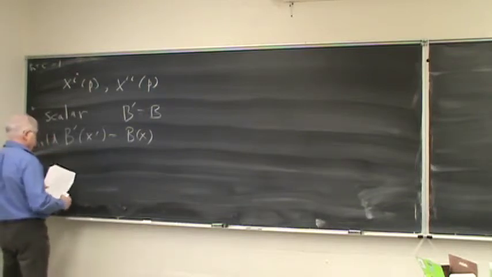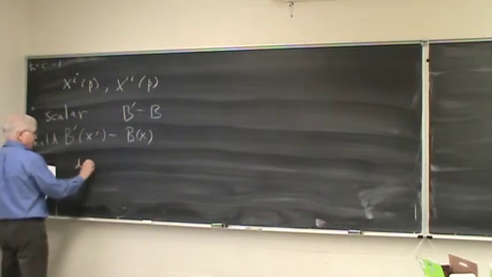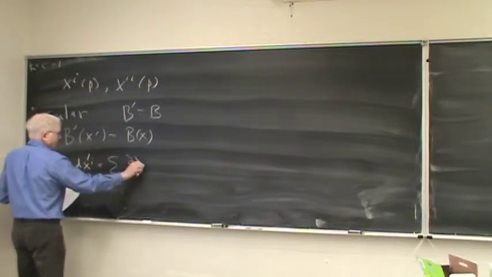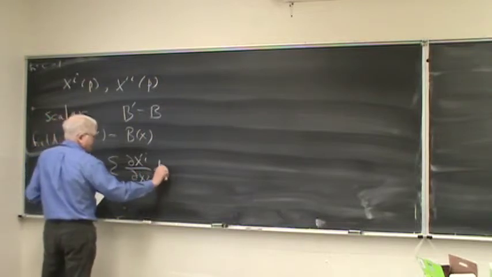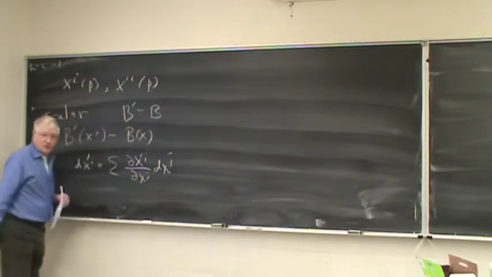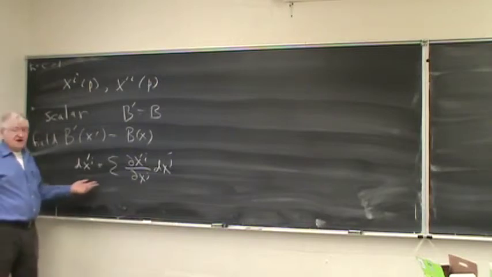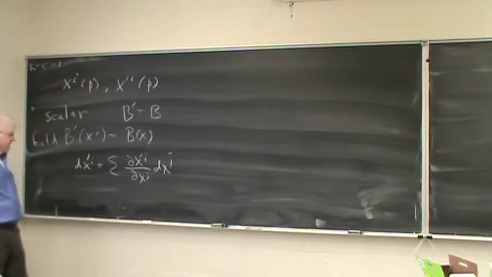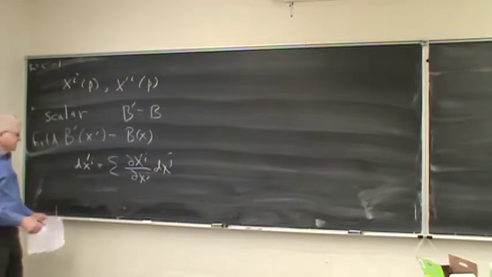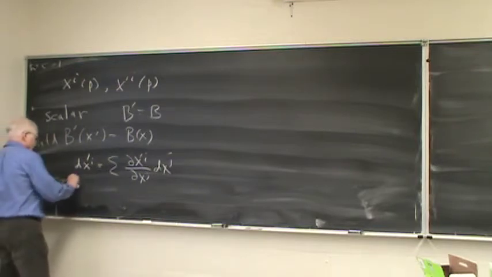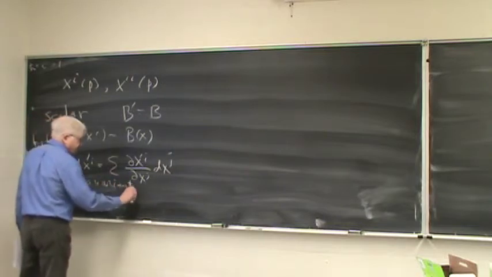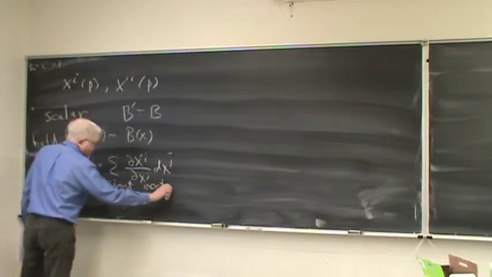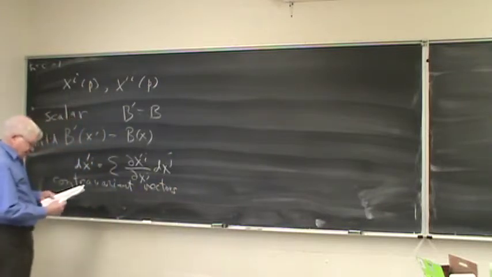Now, if we think about changes in coordinates, dx prime i is the sum of partial x prime i over partial x j, dx j. This is just the chain rule where you sum, and this can be in n dimensions. This is what defines contravariant vectors.